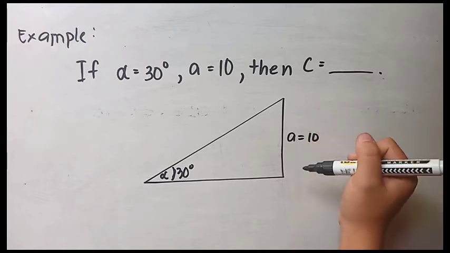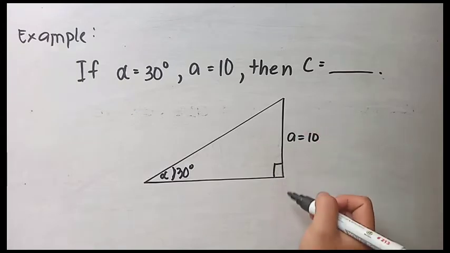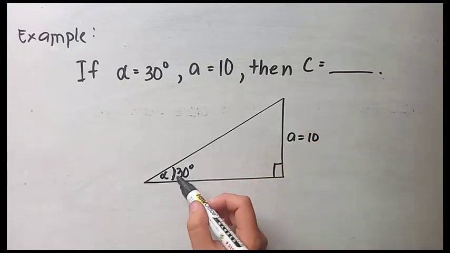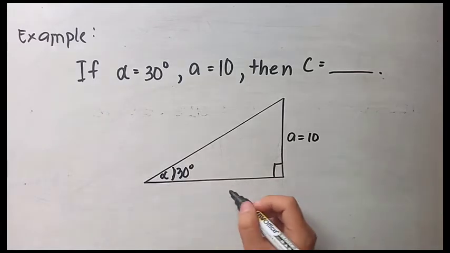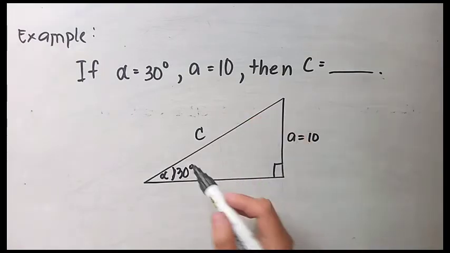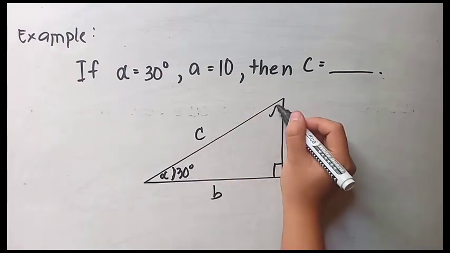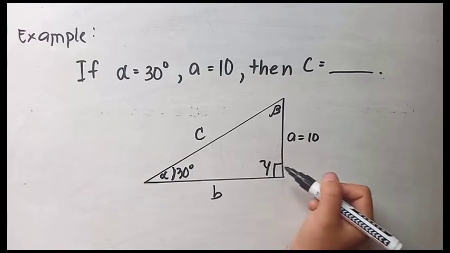So that is the smallest or shortest side. And we have the right angle because this is our right triangle. So this is acute and acuter. Charot. And also we have side B and our hypotenuse. So this is alpha, this is beta, and this is gamma, the right one.